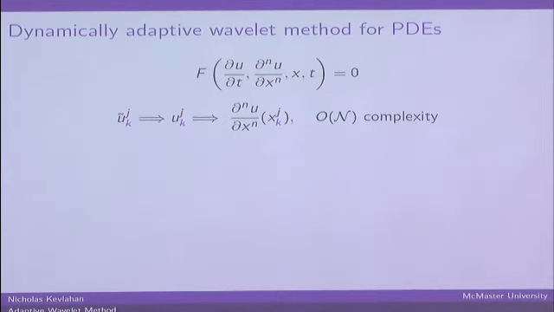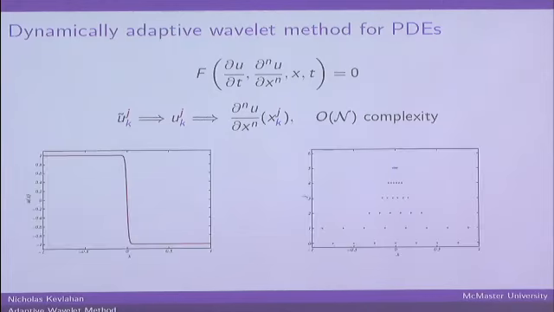So how do we turn this into a method to solve a PDE? Well, using this, you can approximate differential operators at a particular resolution. All of this in order n complexity. If we consider a front like this in one dimension, the significant coefficients, those wavelets above a certain threshold epsilon, are in blue here.